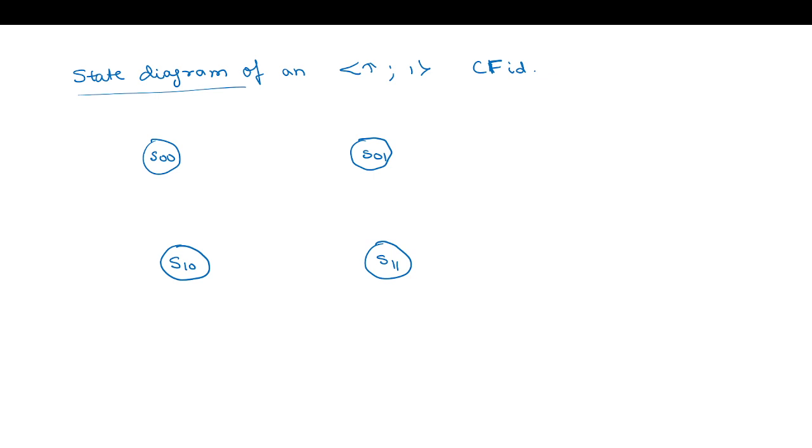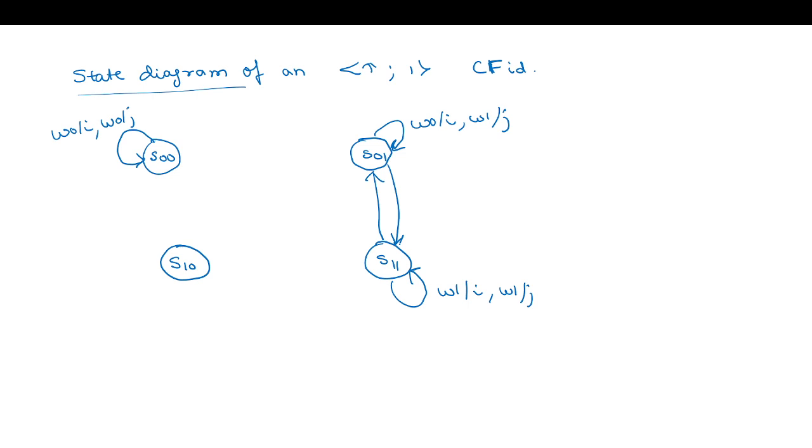Like before, first we will draw all the transitions which are the same as the fault-free case. W0 for I, W0 for J, W1 for J, W1 for I, W1 for J, and these two transitions will remain the same. W1 for I, W0 for I, and this transition will also remain the same. W0 for J, because we have one fault from 0 to 1.